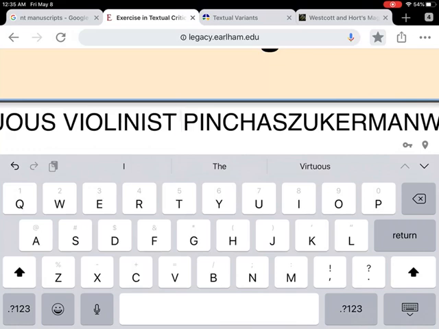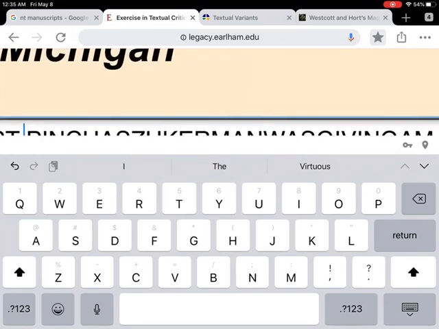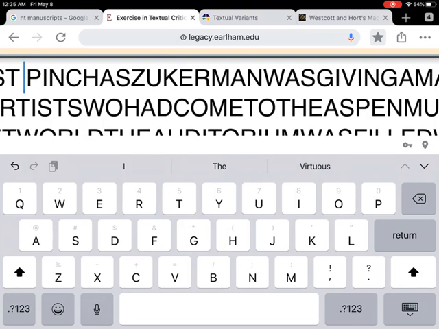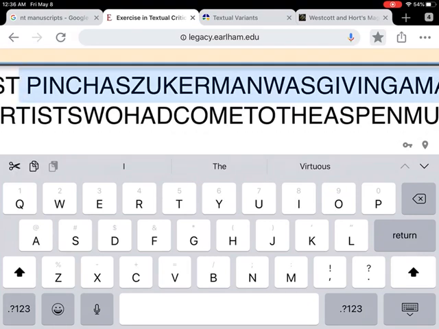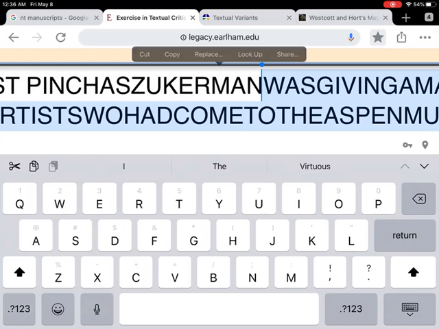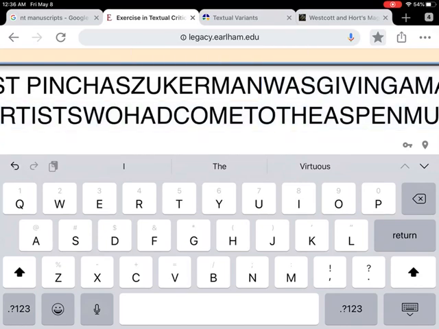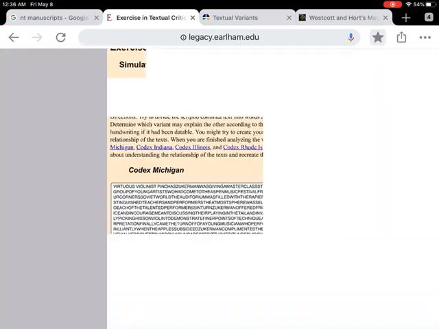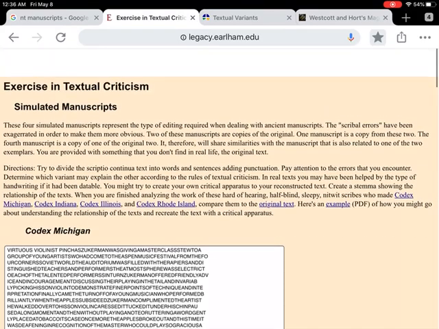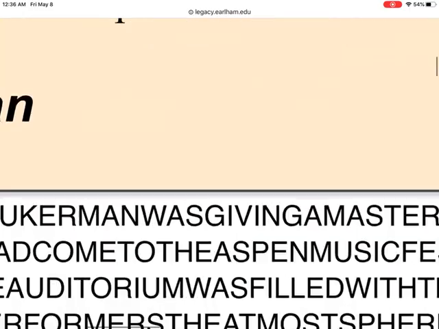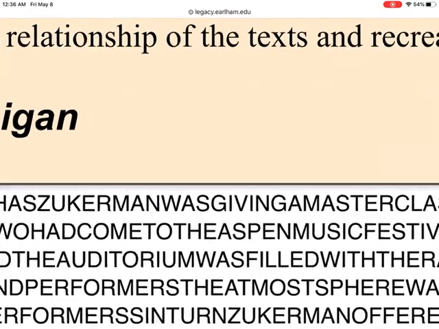And pinches, that's really tricky. Oh, I see, was. Sorry, this is a little trickier on an iPad than it is on a computer.